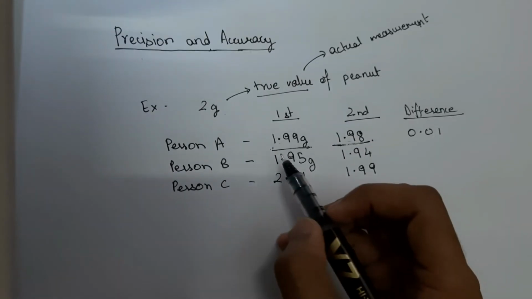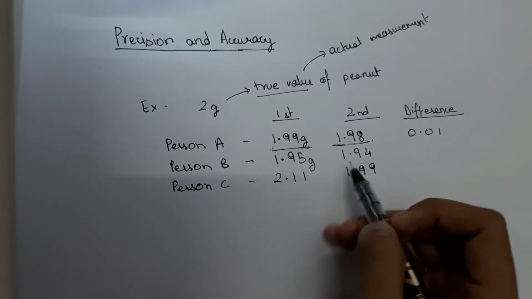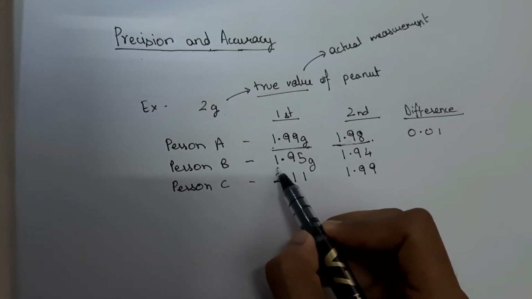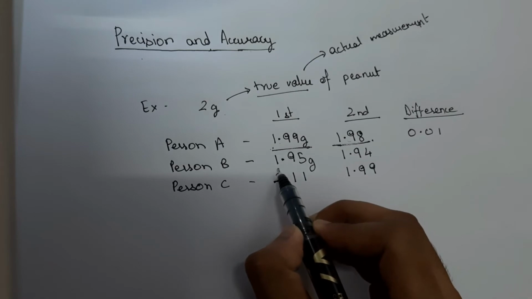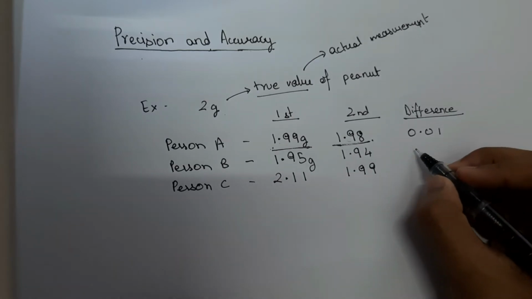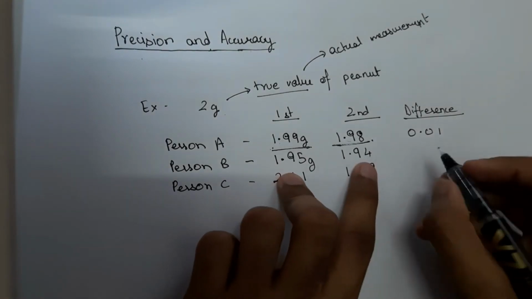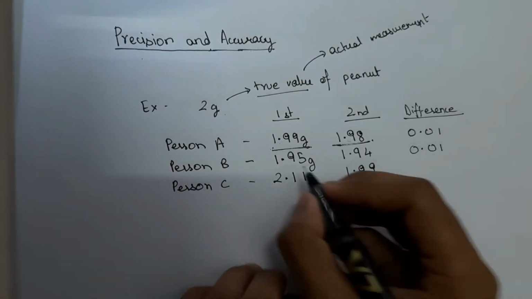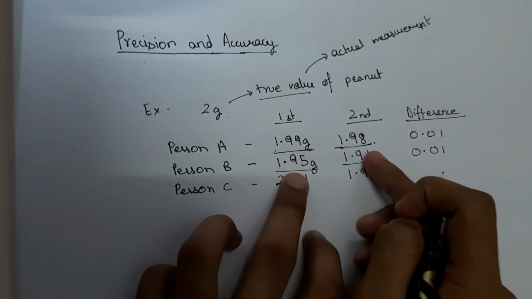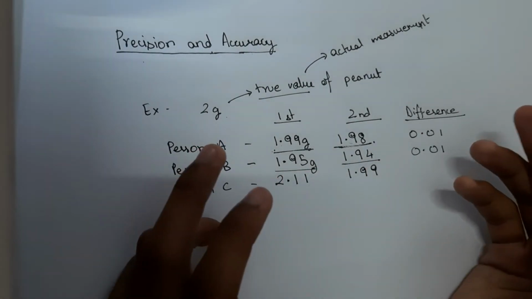Now let's move on to the case of person B. In the case of person B, we can say that it is relatively less accurate. Both of these differ by only 0.01, so these measured values are precise because the difference between them is very small, 0.01.